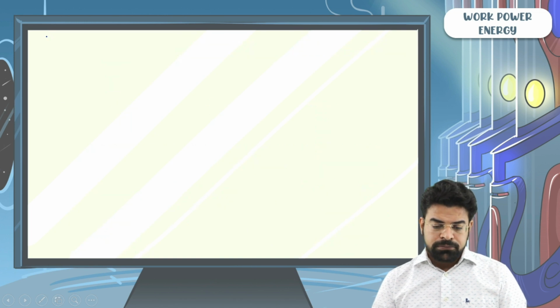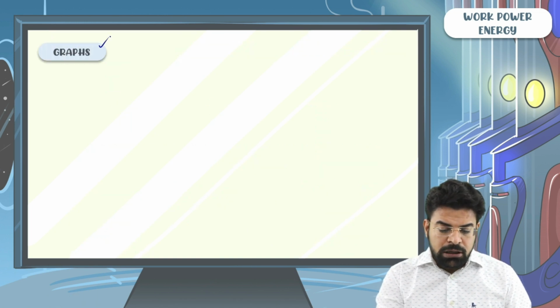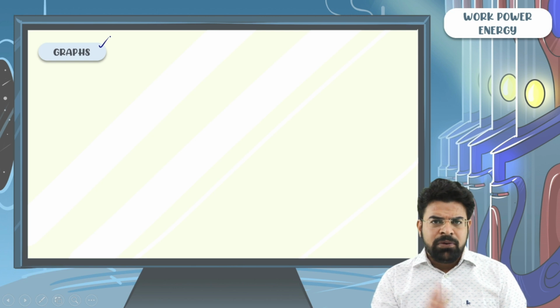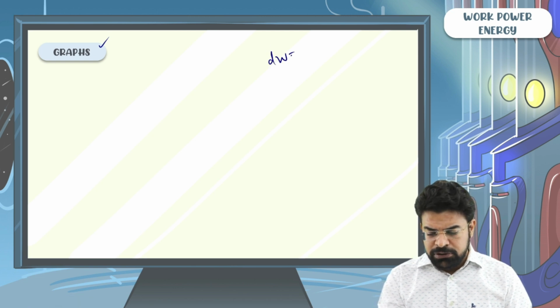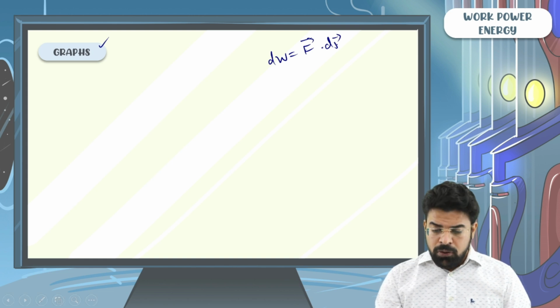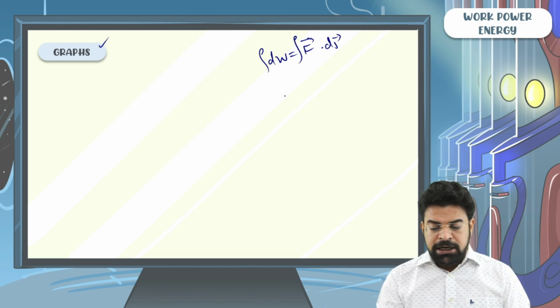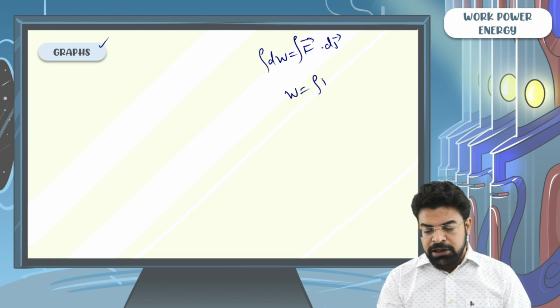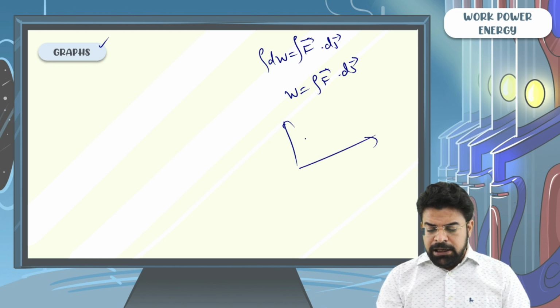Moving on. Let's talk about graphs, and it is really easy. You know that dW equals F dot ds. So if I integrate both sides, I will get work done equals integral F dot ds. What does the area under a y-x graph give you?